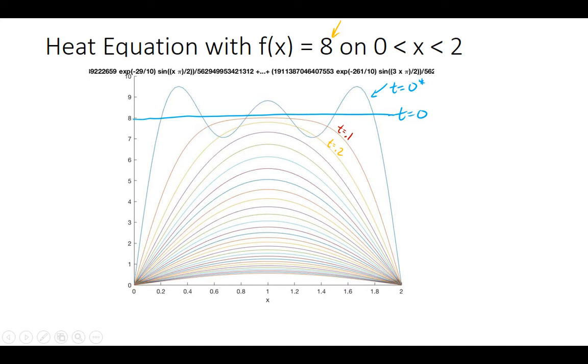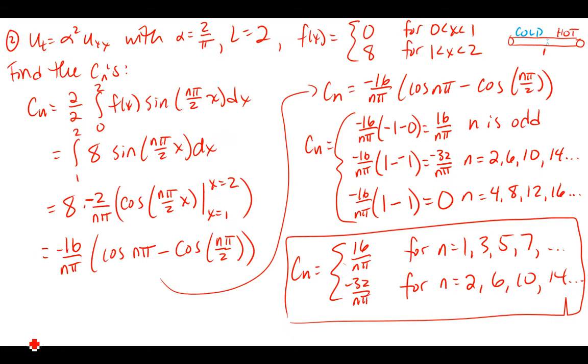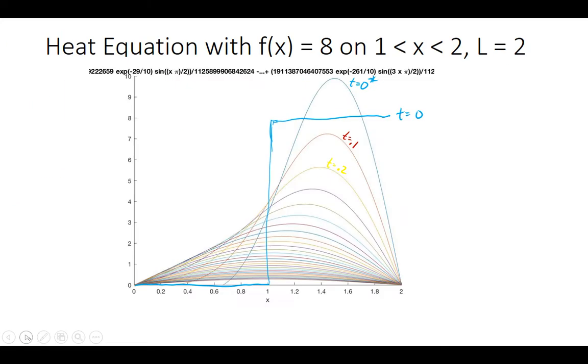It's going to do its wavy thing for a little while, but as time goes on, the W piece is heading towards nothing.